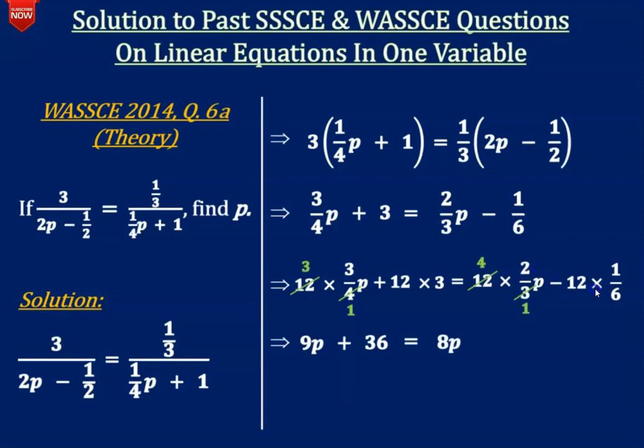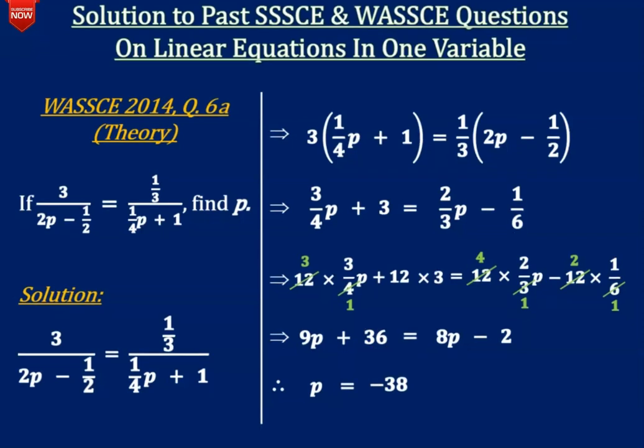Finally, 6 into negative 12 is negative 2, and negative 2 times 1 is negative 2. Grouping like terms, we have 9p minus 8p to be p, and negative 2 minus 36 to be negative 38. Therefore, p is negative 38.